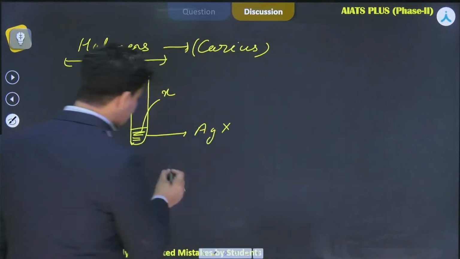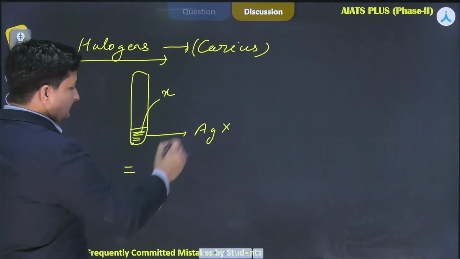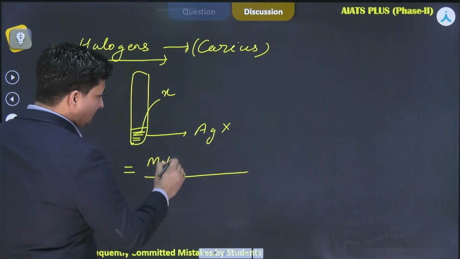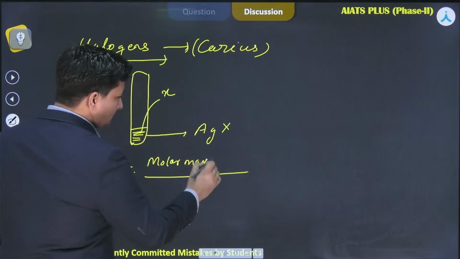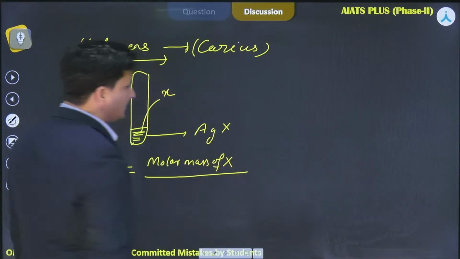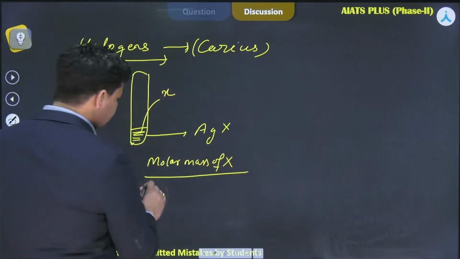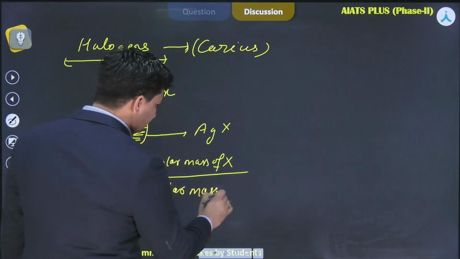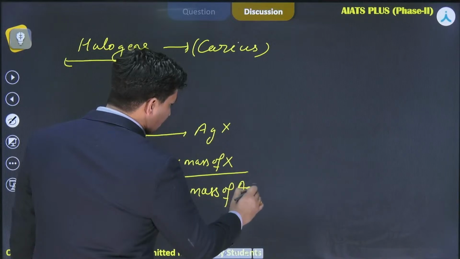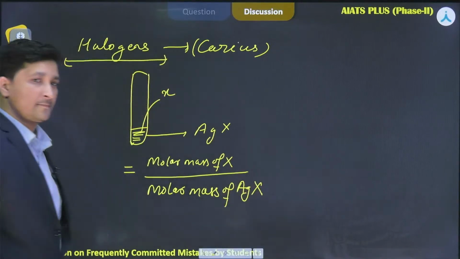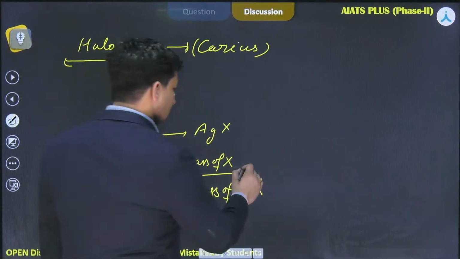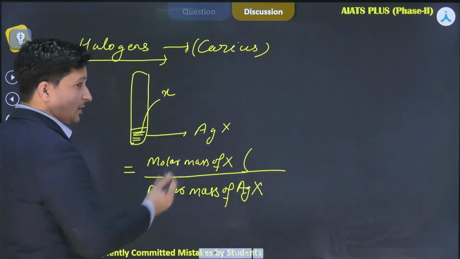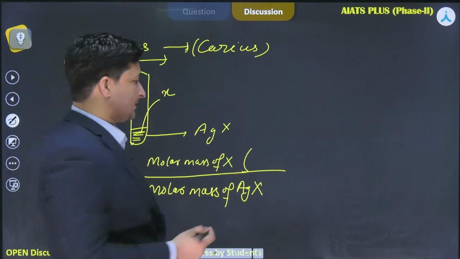So you can find out how. Molar mass of X divided by molar mass of AgX, multiplied by, see, a certain amount of AgX will be obtained, will be precipitated.